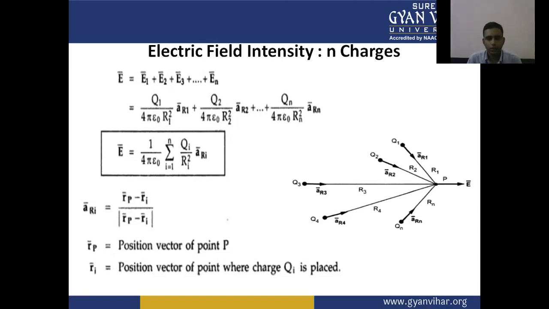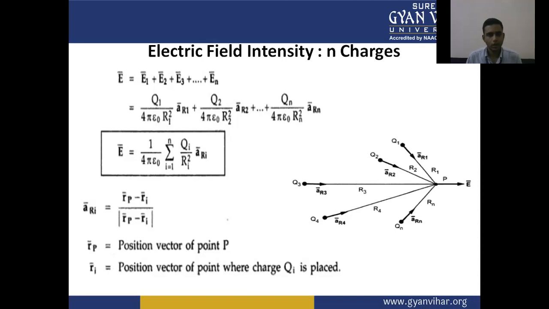Through this figure, you will understand the number of charges, that is Q1, Q2, Q3, Q4, and Qn, and the distances from the point P, which are R1, R2, R3, R4, Rn. Correspondingly, the unit vectors are AR1, AR2 up to ARn, and E is the electric field intensity due to the Q1 to Qn charges.